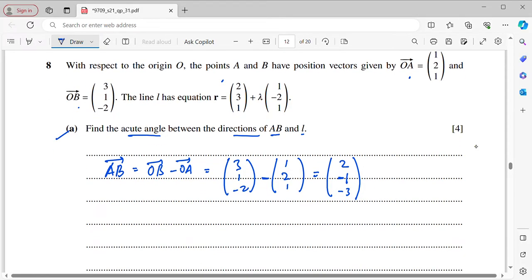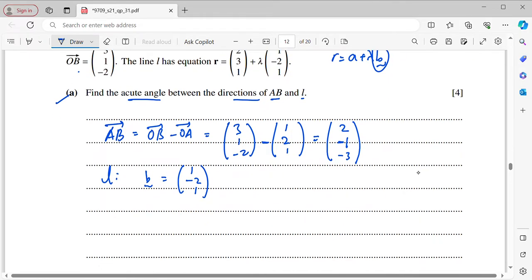So then for the L, because our formula is basically r equals to a plus lambda b, the b is a direction vector. Therefore, I will write b equals to (1, -2, 1). Okay, so to find the angle between the vector and the line, let's say this is the line, this is the vector AB.